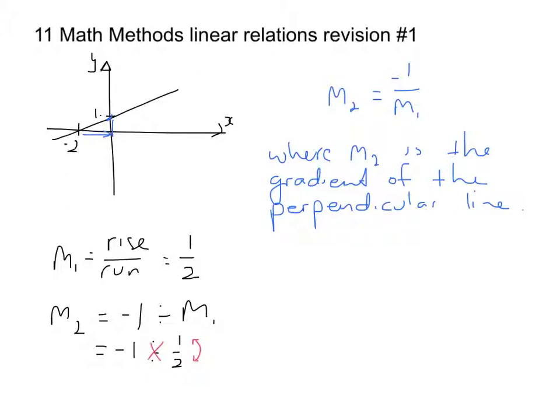So this tells us that, I'm just going to squeeze it up into there for space, M2 is equal to -1 times by 2, which will be equal to -2. The question was only asking you to find out what is the gradient of the line which is perpendicular, and that's what we've done, that's the answer. The second equation would have a gradient of -2.